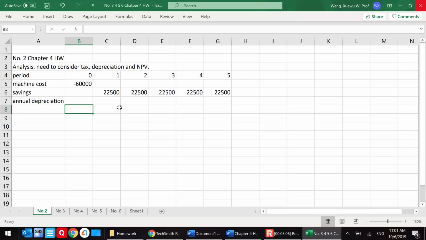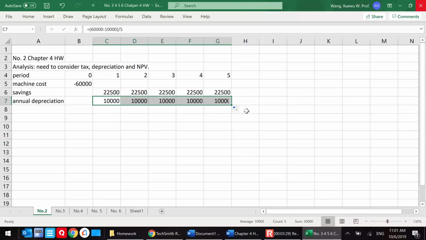This is depreciated over 5 years, so we can immediately calculate the annual depreciation. This is straight line: the machine cost of 60,000 minus what is left after 5 years, the total amount of depreciation, spread evenly. So this is $10,000 depreciation every year. If you reverse this, 60,000 minus the total, you get $10,000 book value.